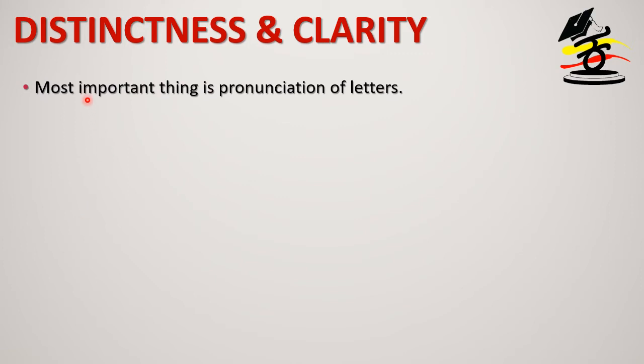So moving on, the distinctness and clarity you need to know. This is the most basic thing you need to know. The most important thing is the pronunciation you need to know, especially with the letters ka, ta and la. This is not just la, it is la. You have to twist or fold your tongue much more as you do in la.